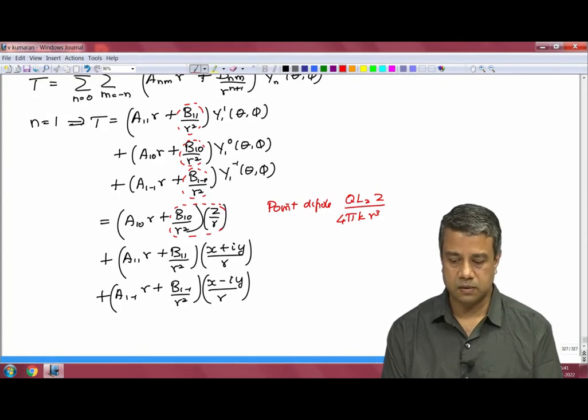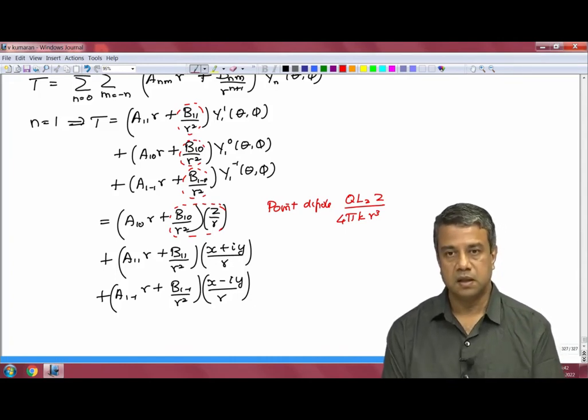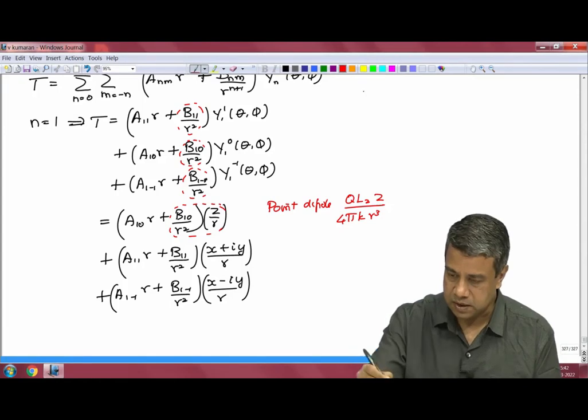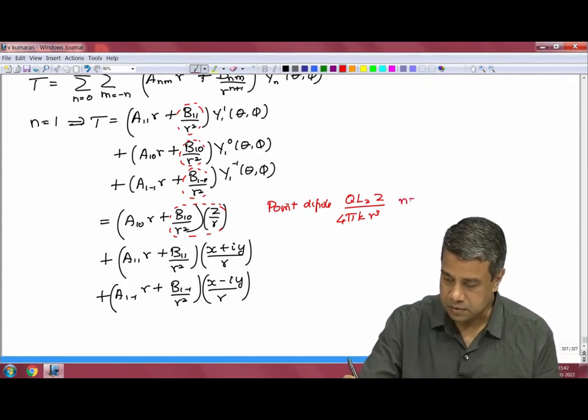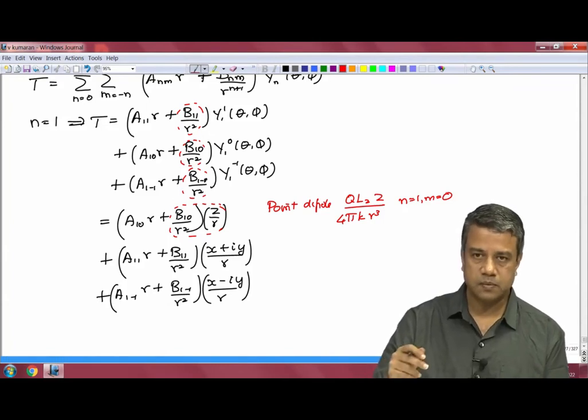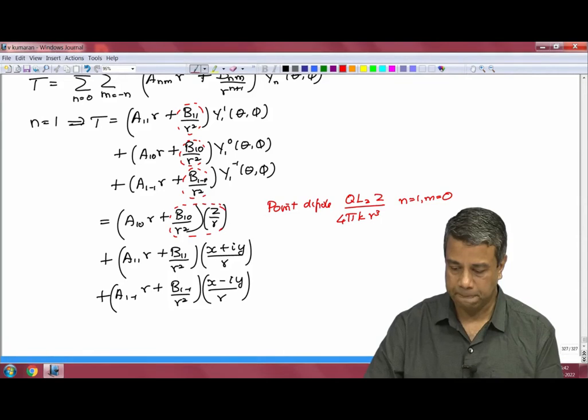So, for n is equal to 1, the decaying term decreases proportional to 1 over r square for n is equal to 1 and m is equal to 0. This is exactly the same as the point dipole with separation in the z direction.